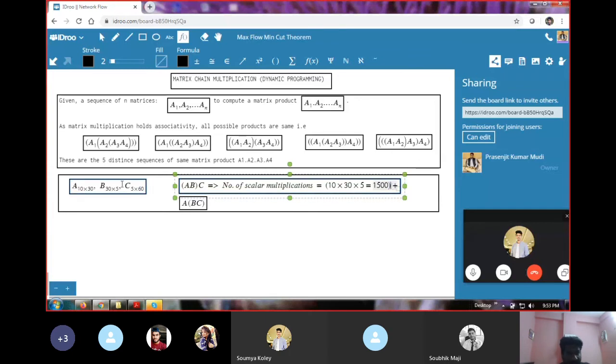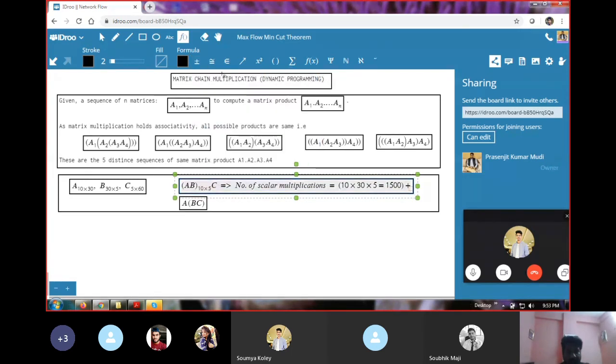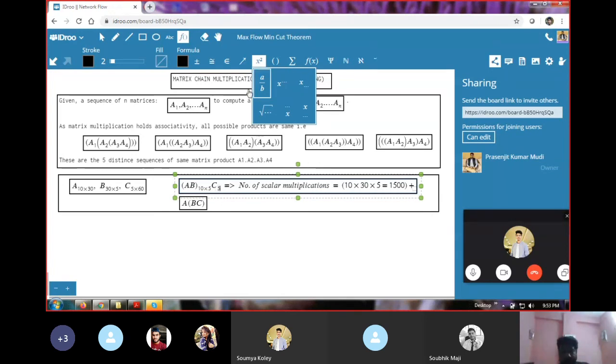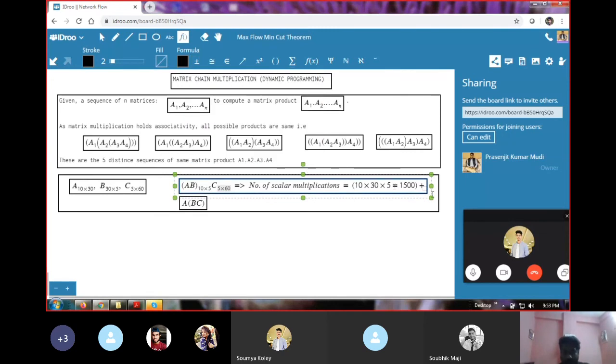That 10 cross 5 matrix AB is getting multiplied by C, which is of dimension 5 cross 60.